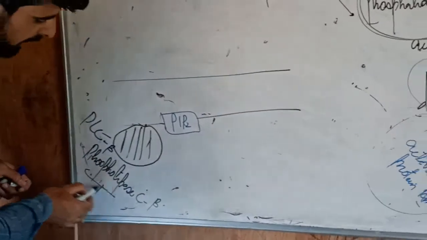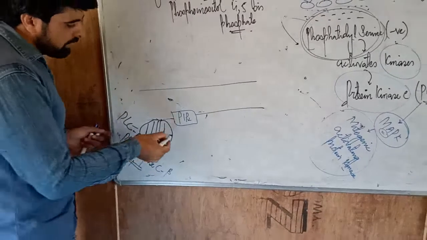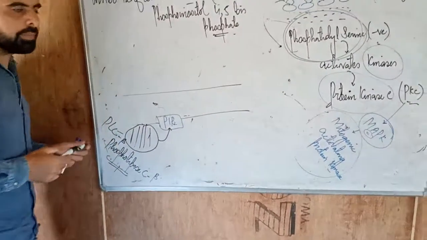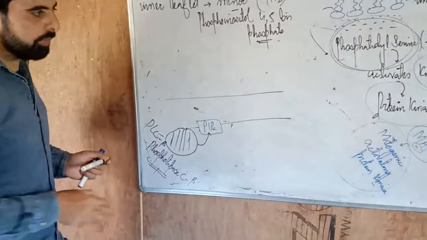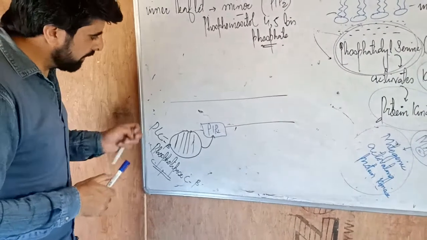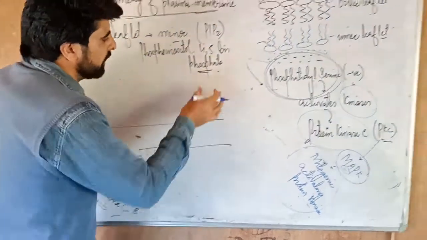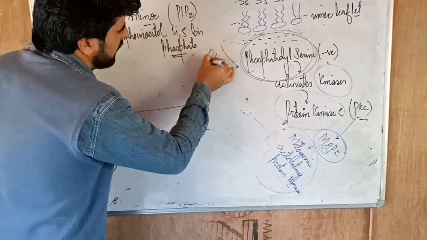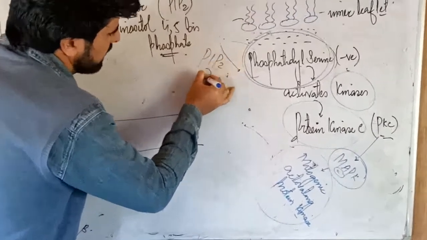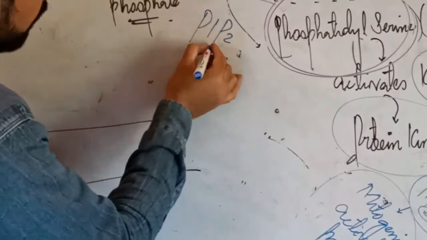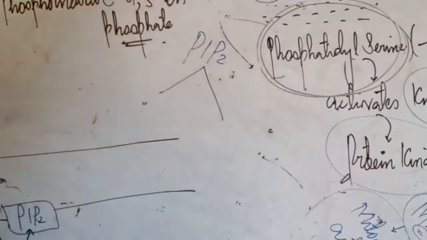If this enzyme gets activated, this enzyme will act upon the PIP2. When it acts upon the PIP2, what happens? This PIP2 is broken down. If we have a PIP2 and an enzyme is acting upon it, it is broken down into two products.